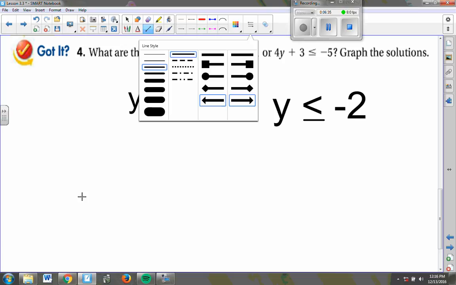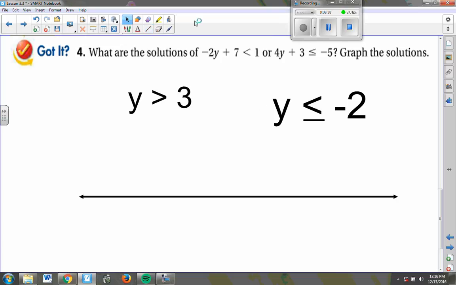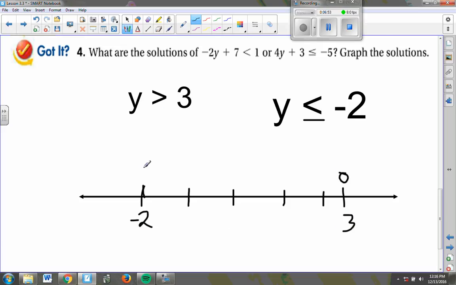And of course, when we graph, 3, 2, 1, 0, -1, -2. Open circle at the +3, closed circle at the -2. I should go forever in each direction because it's greater than 3, which means up, and it's less than or equal to -2, which means down.